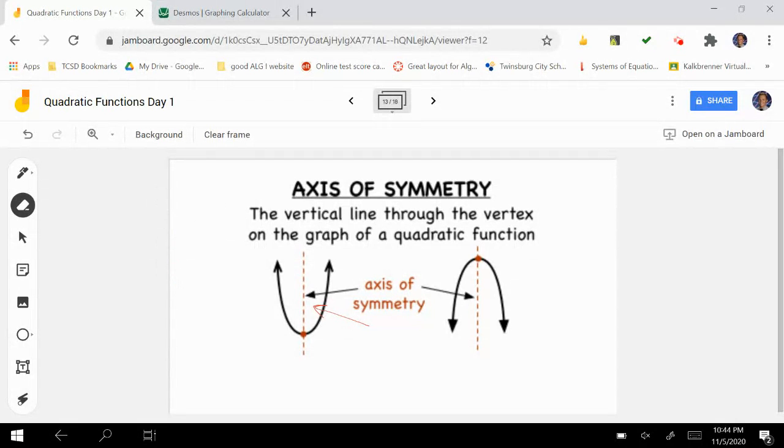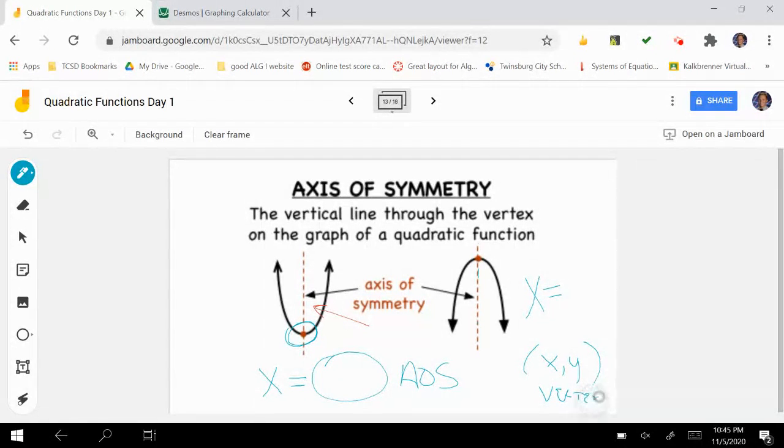It's going to be what letter? What's the opposite of y? So these are always going to be x equals. Whatever the x value of the vertex is will be your AOS, your axis of symmetry. Again, it's always going to be x equals because it is a vertical line, and that x is going to be coming from the x, y of your vertex.